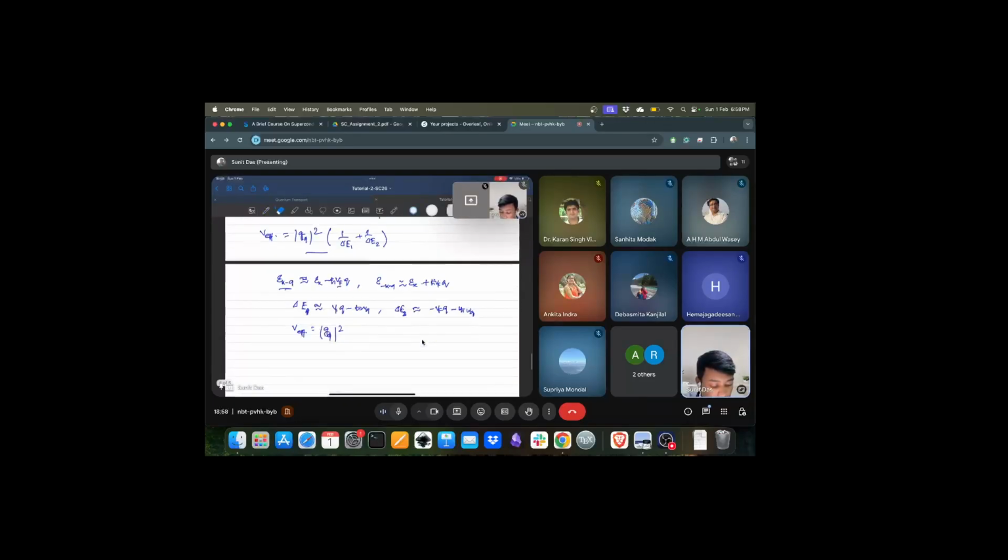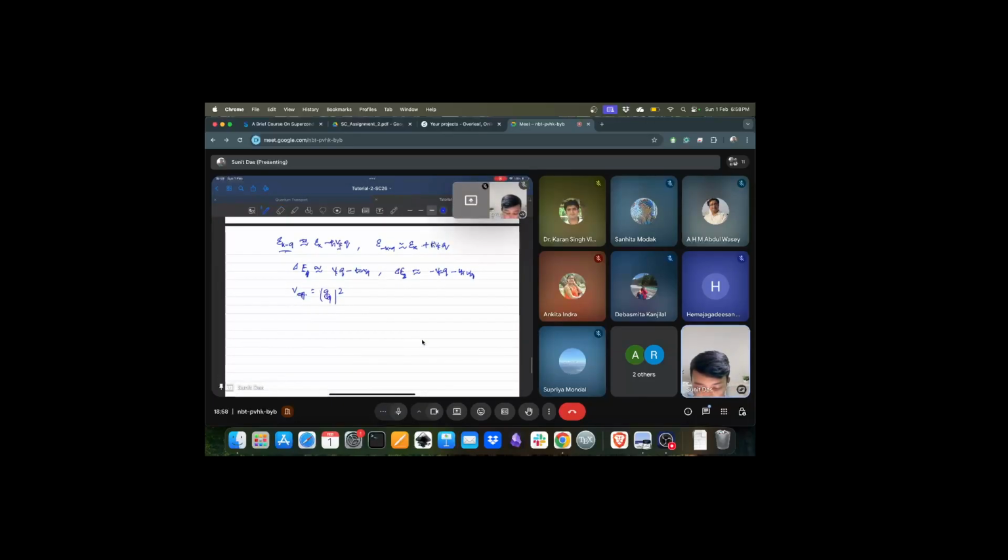So from there g q squared is coming, then we'll have 1 by h bar v F q minus h bar omega q plus 1 by minus h bar v F q minus h bar omega q.